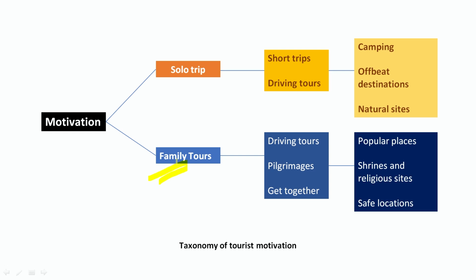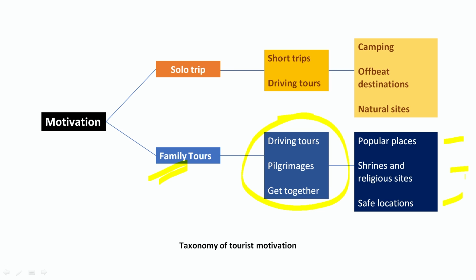So family trips include children, elderly people, other family members. See, preferences, driving tours, pilgrimages or get together. So when you look at these aspects, the reason for going for family tours may be pilgrimages or get together. Now the result is they might be searching for popular places, shrines or locations which are safer for families.